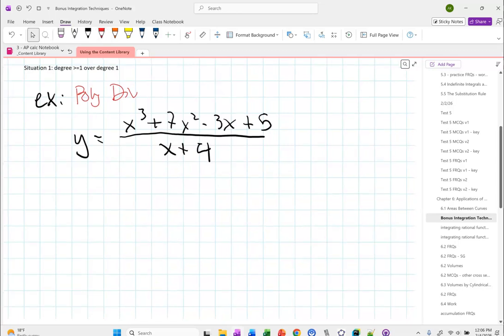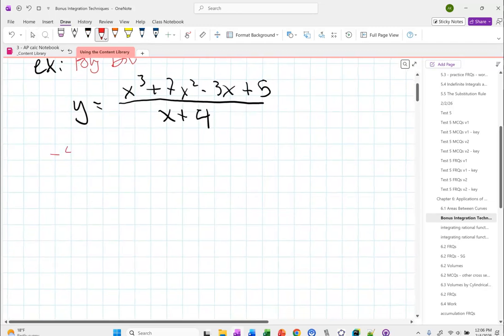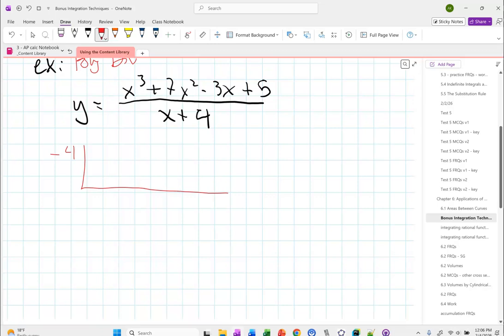So let's set this up. You set the denominator equal to 0 and solve, and that's the number that goes on the outside. And then the coefficients from the numerator go on the inside. You have to make sure that every degree is represented. Like if you're starting at degree 4, you should have 5 numbers.